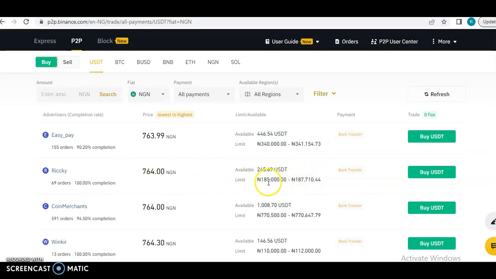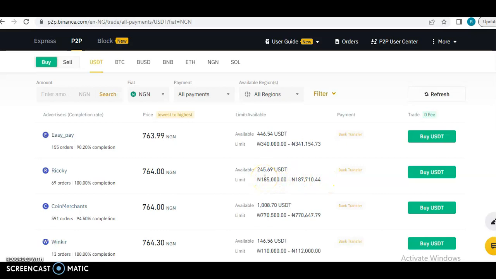In the case of Richy, if you want to buy 150,000 naira worth of USDT, Richy will not be selling to you, because 150,000 naira is below Richy's limit. And if you want to buy USDT worth 190,000 naira, Richy will not be selling to you, because Richy's limit does not reach 190.